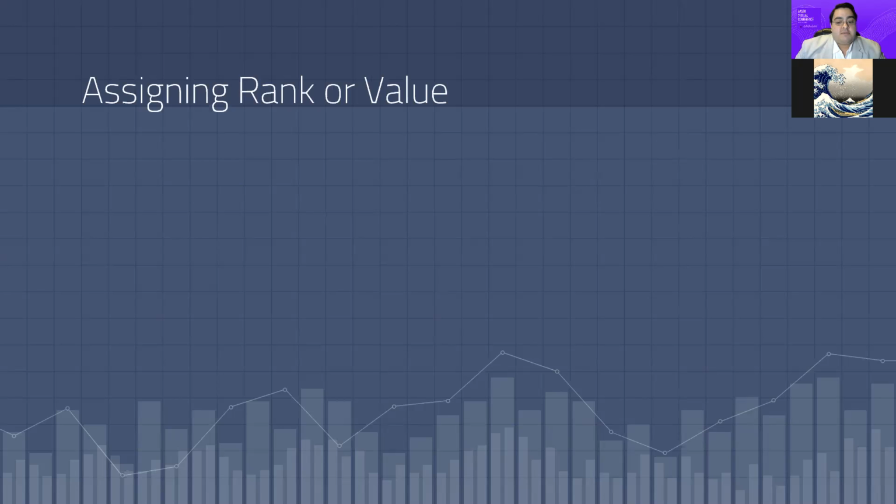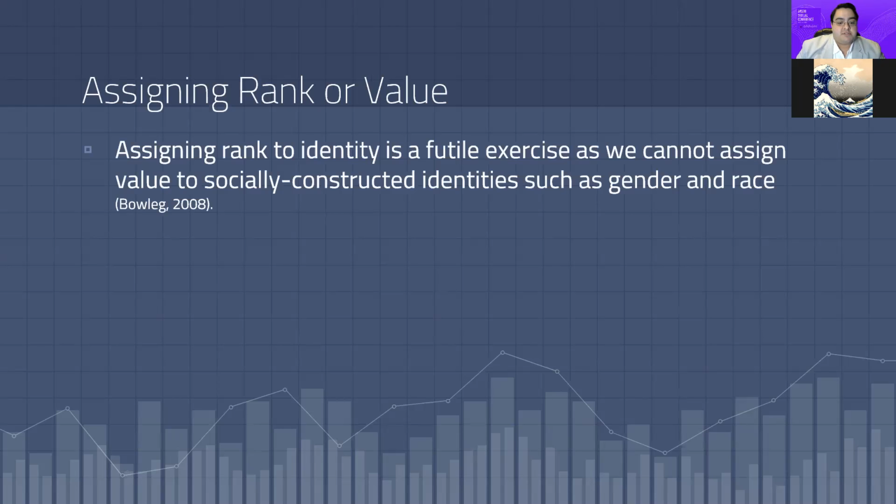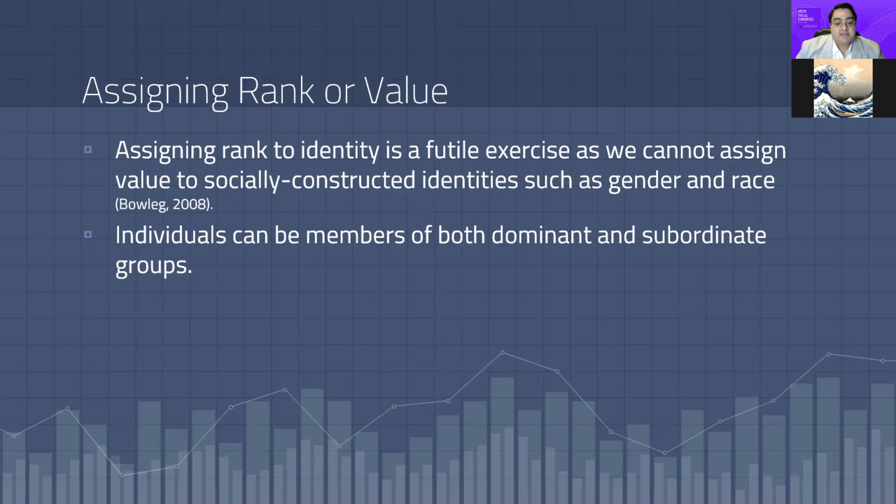The final tension I want to talk about is the tendency to assign rank or value to social identities. I'm talking specifically about quantitative value, assigning numbers to social identities. And Boleg argues that assigning rank to identity is a futile exercise because we cannot assign value to socially constructed identities such as gender and race. And again, individuals can be members of both dominant and subordinate groups.